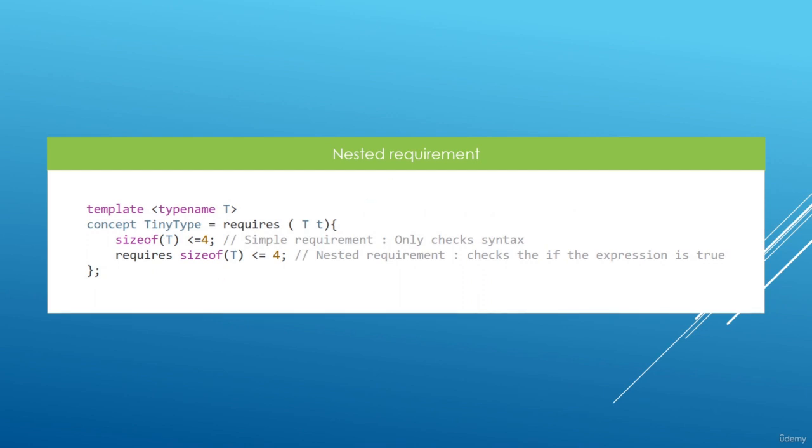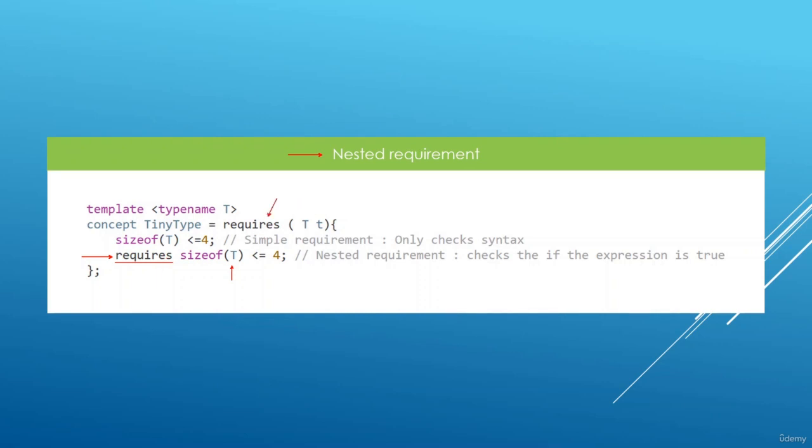And a nested requirement is going to have another requires keyword inserted in front of it. Now, if you use the syntax like this, now this is going to check that sizeof(T) is actually less than 4. If it's not less than 4, this is going to return false here, and the concept is going to fail. And this is how you can use nested requirements to enforce for some expressions to be true in your requires clause.